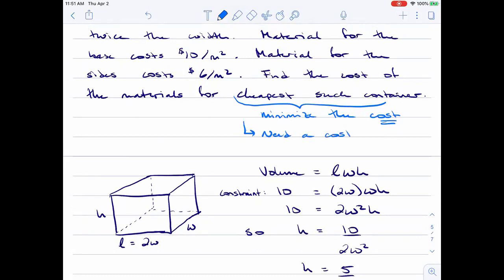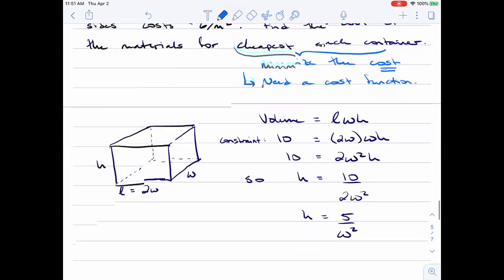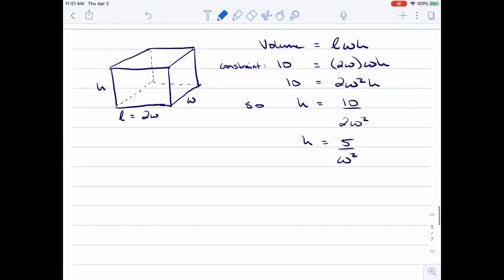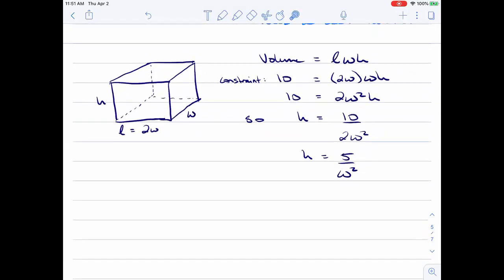If we need a cost function, then we need to figure out what is the cost of this thing. So if we've got one of these at $10 per meter squared, 4 of these, but they're going to be different dimensions: h times 2w, there's two of those, the front and the back, let's call them. And then there's h times w, there's two of those for the two sides, right?